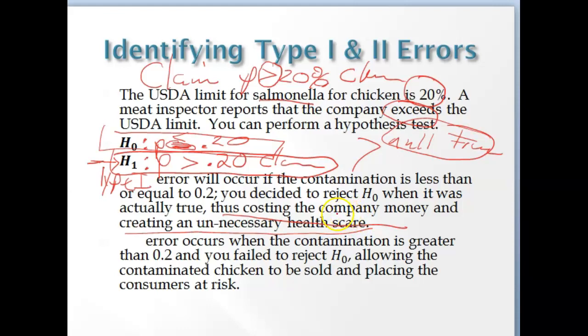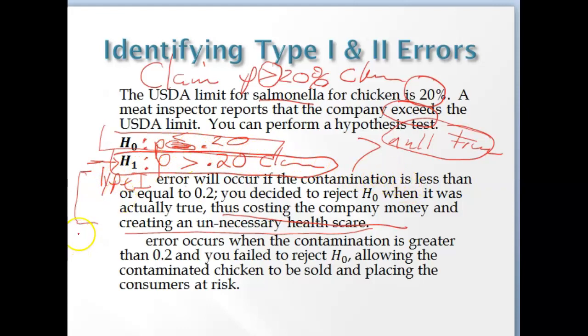And it's going to create lost revenue. It's going to create bad or ill will among the consumers, when actually the inspector was wrong. He rejected the null hypothesis when it was actually true.